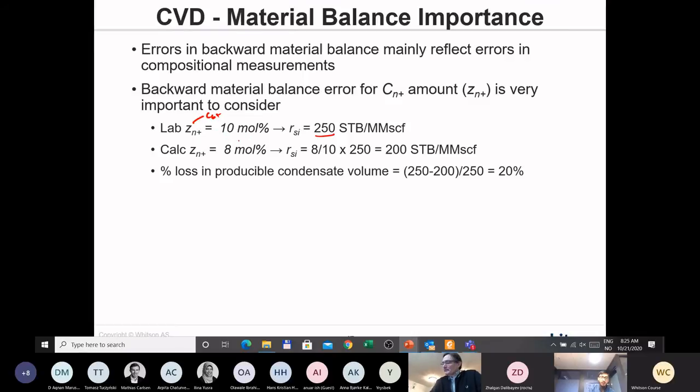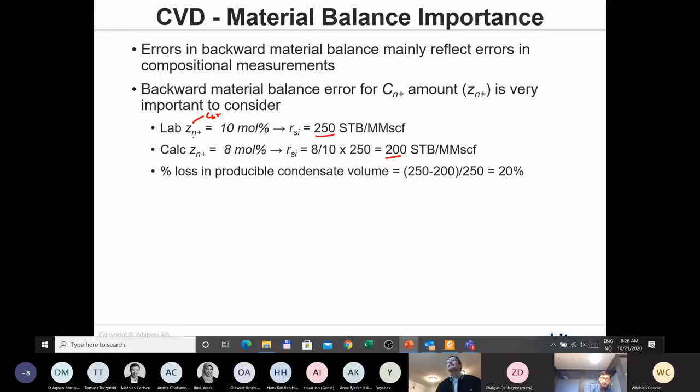When we calculated from the material balance, we got, for example, 8 mole%. We know this C6 plus content is directly related to your solution OGR that we saw yesterday, so the calculation indicates that the solution OGR is about 200 STB per mmSCF.